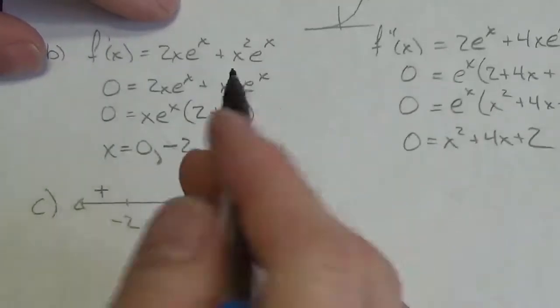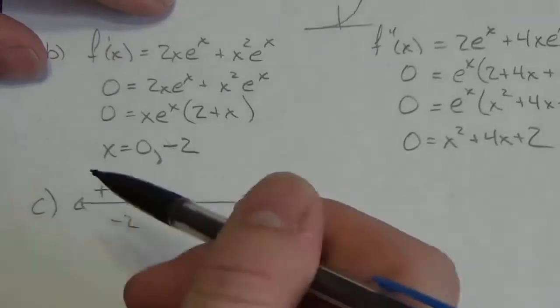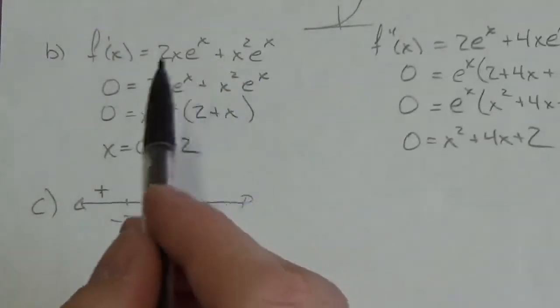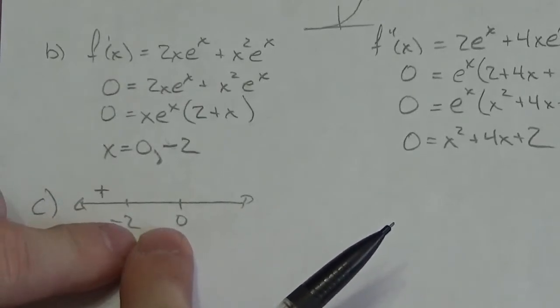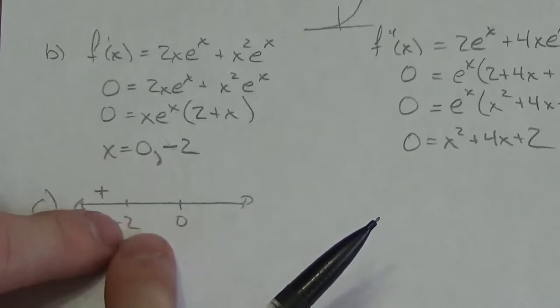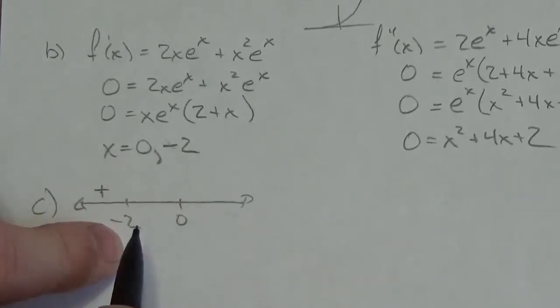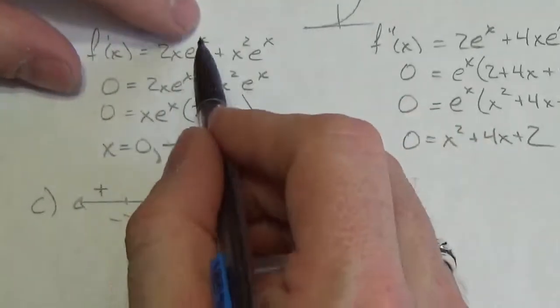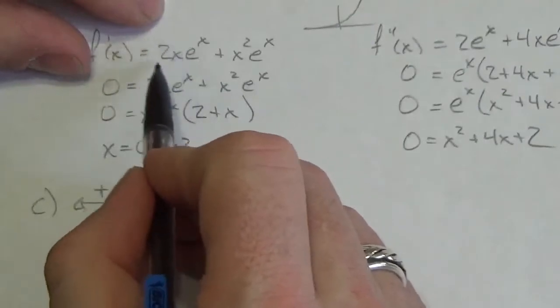And I can make that kind of argument because I'm talking about the interval from negative 2 all the way back to negative infinity, so I can plug in really big numbers for x. When I look at this interval, I can't just do that as willy-nilly, because I've got a very limited interval that I can work with. Let's pick a number like negative 1 in here. E to the negative 1, that's going to be positive. This will be negative.